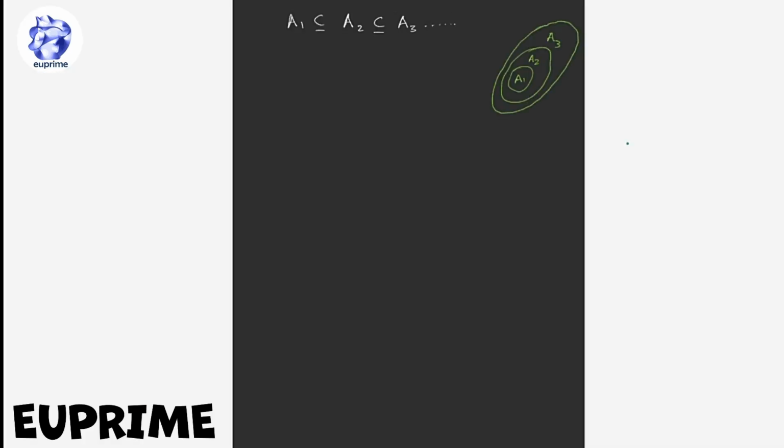Okay, what about a scenario wherein you have a sequence of events? A1 is contained in A2, A2 is contained in A3, and these are represented by diagrams like this. Given this, first of all, you have to figure out, are they disjoint? Can we find out the disjoint union?